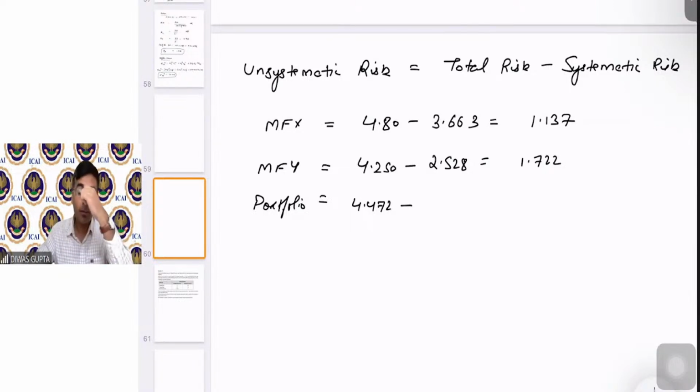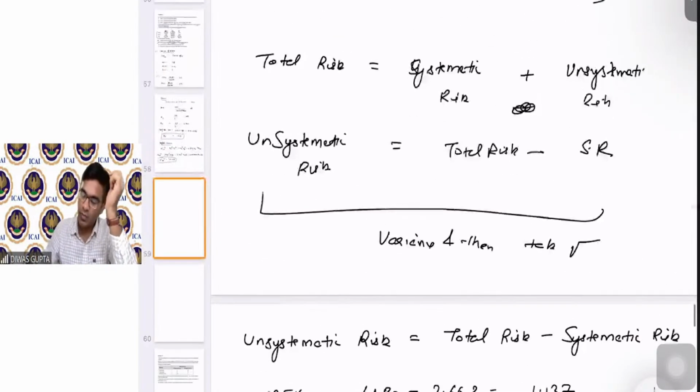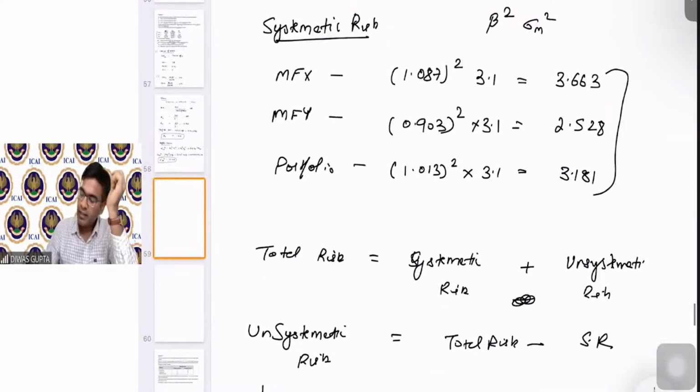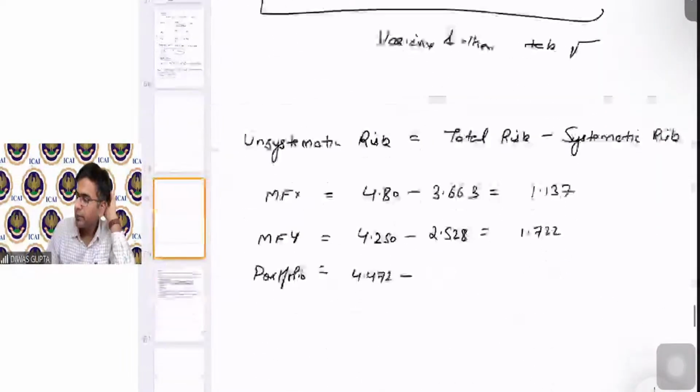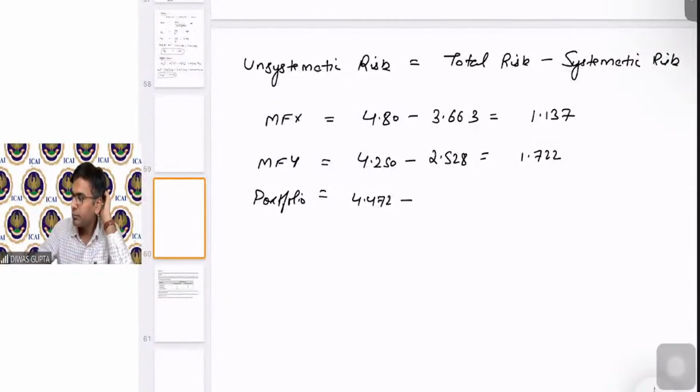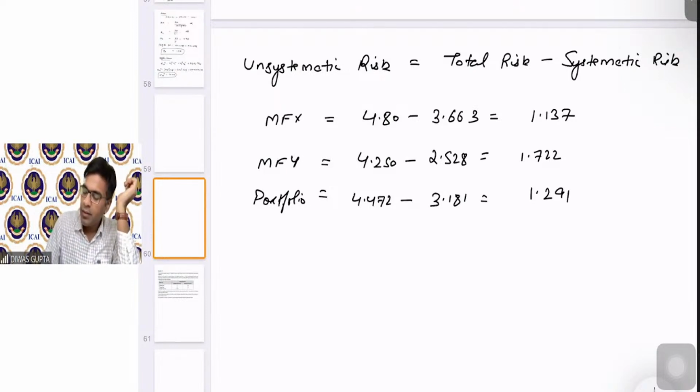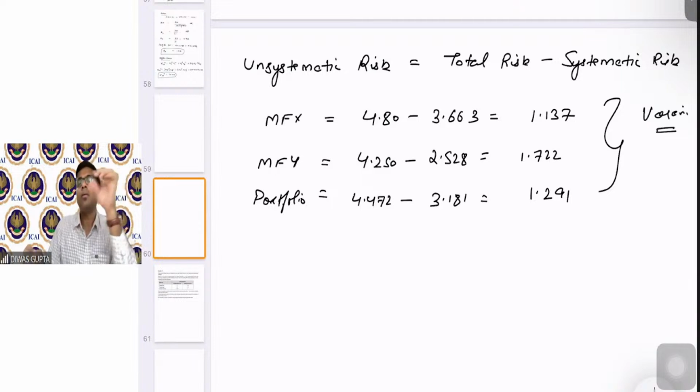Now, students, we don't have systematic risk of portfolio. Yes, we have, sorry, 3.181. Correct? In the previous step itself, we have calculated that. So this becomes 1.291. So this is all again on the variance basis, right?